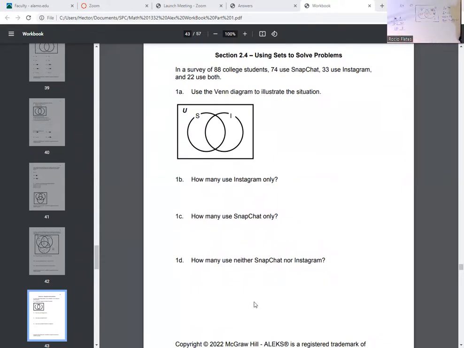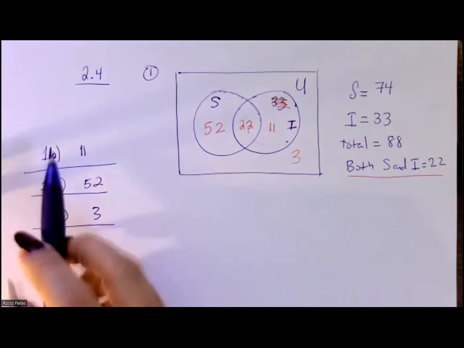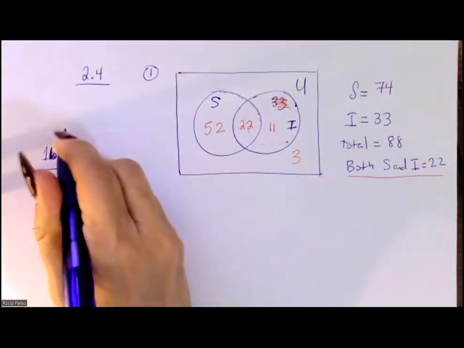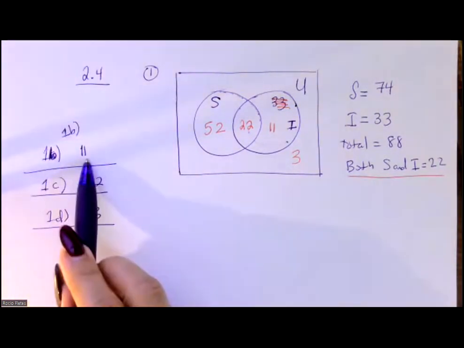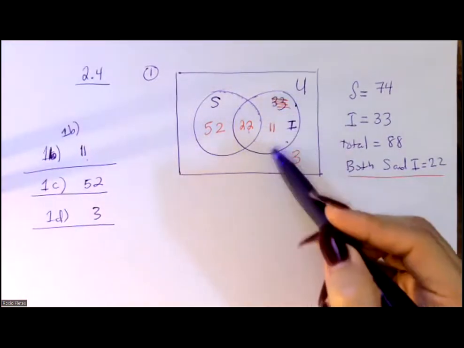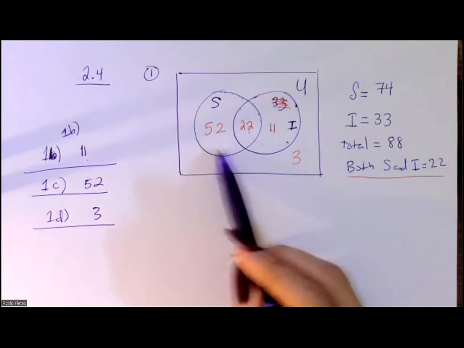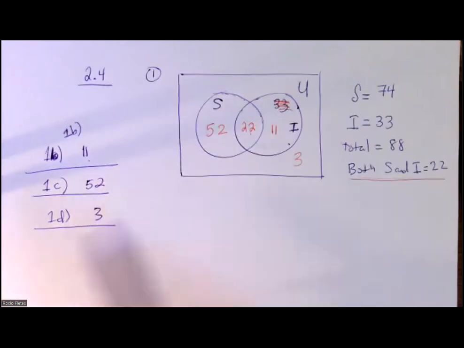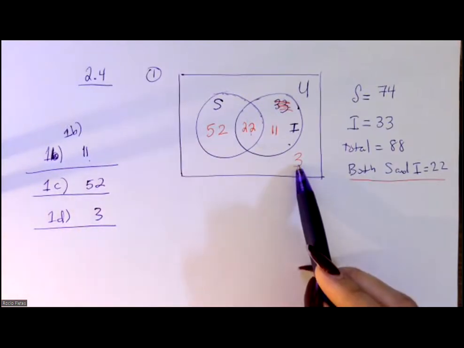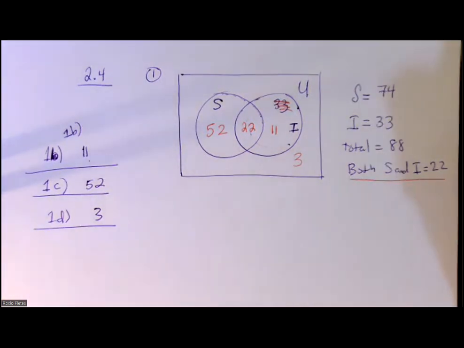So let me share. For 1B, 11, it's this area here. 1C is 52, this area over here. And then 1D is 3, the area outside of S and I. Okay, so that is question number 1, parts A, B, C, and D.